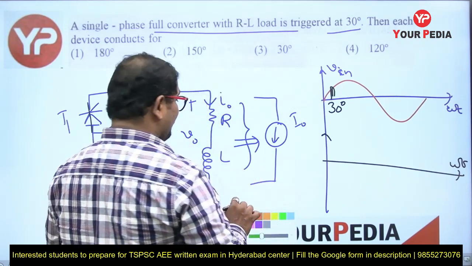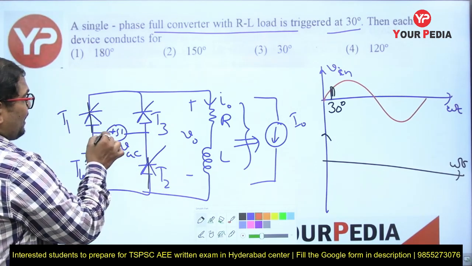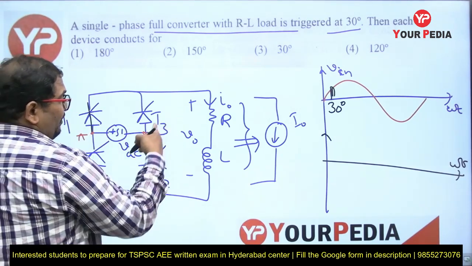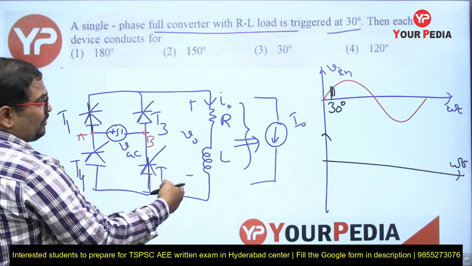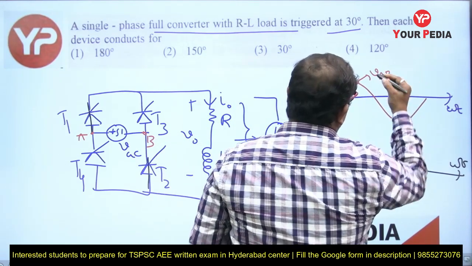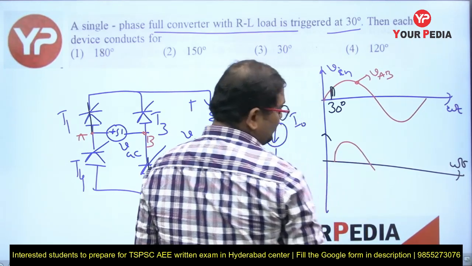Devices T1, T2 start conducting. Let me take the output voltage as A, B. When T1, T2 conduct, A is connected to positive and B to negative. So this is VAB, and your output follows VAB like this.